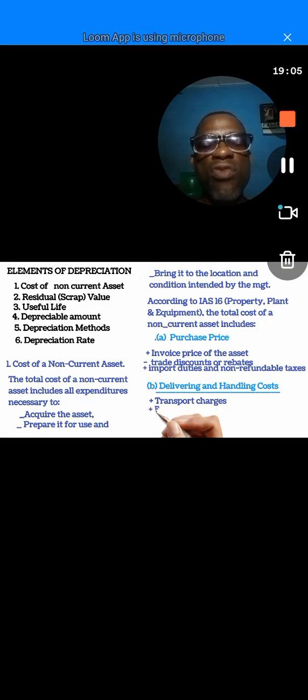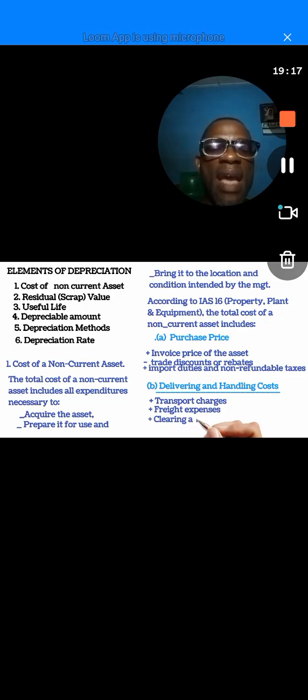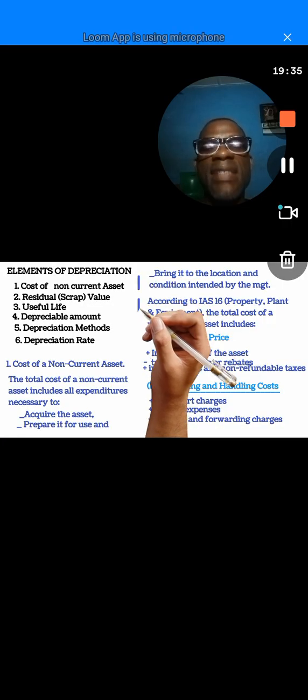The first one here is transport charge. The second one is the freight expenses. And the third one is clearing and forwarding costs. These are the costs that make up the delivering and handling costs. These three costs must be incorporated into the cost of non-current assets.